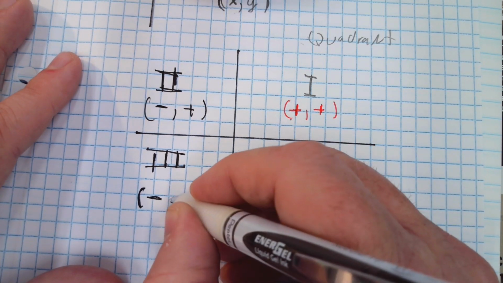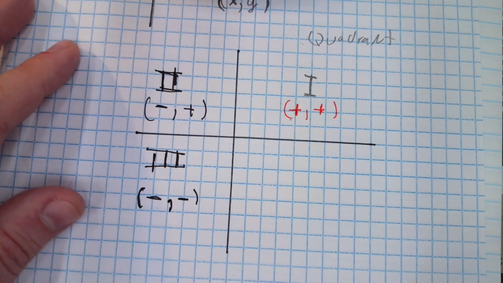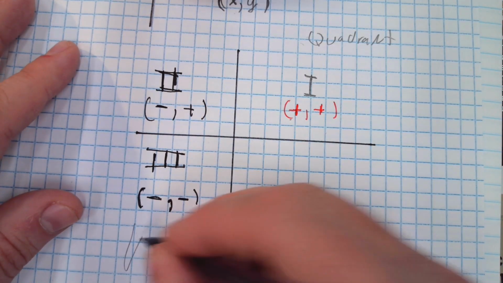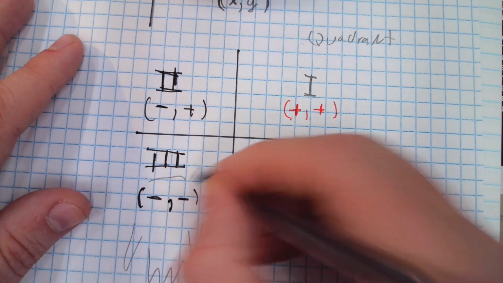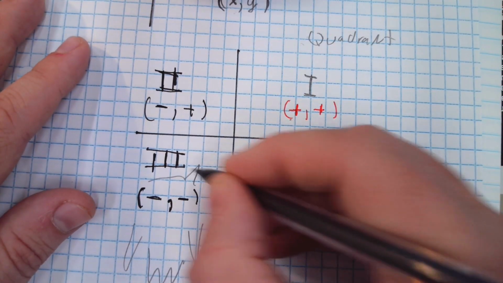I also like to call it the sleepy owl quadrant because it looks like a sleepy owl, right? Yeah, maybe? Great horned owl, right?